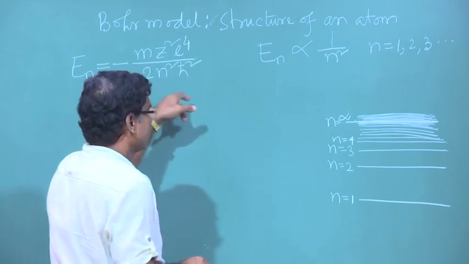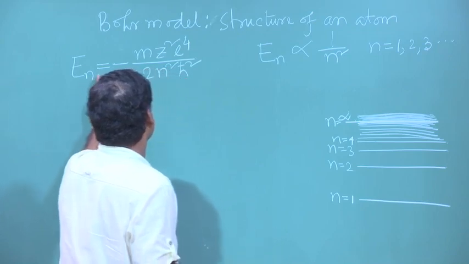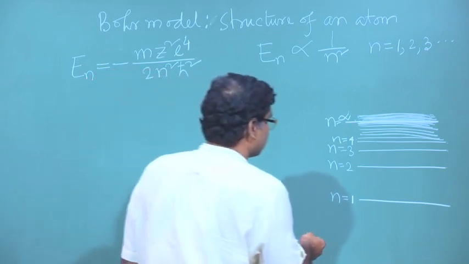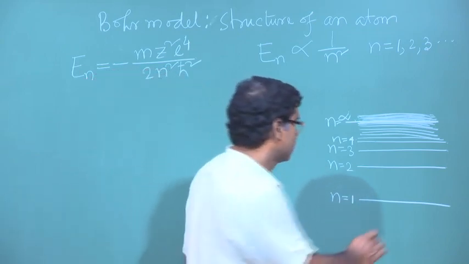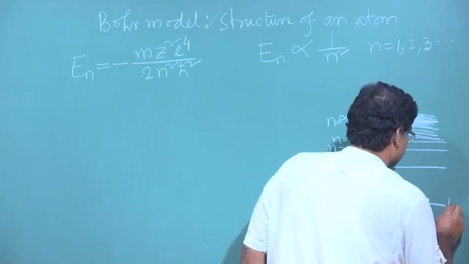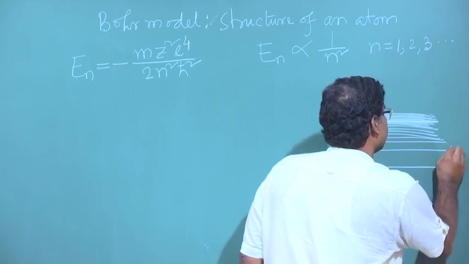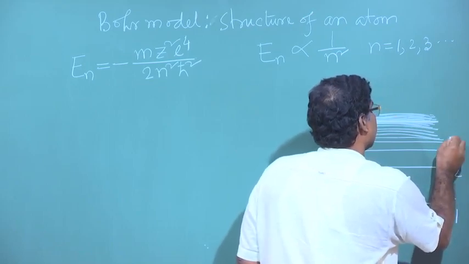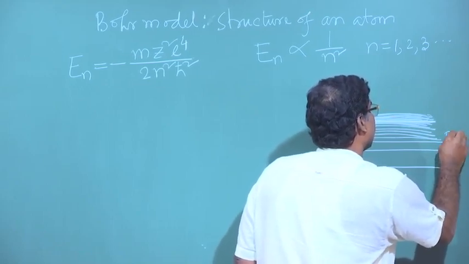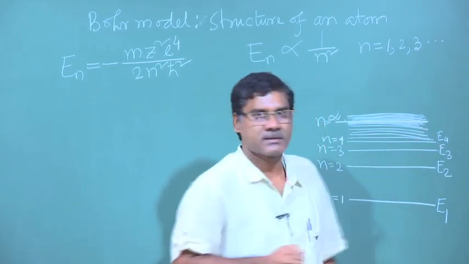So, from here one can find out the energies E1, E2, E3, E4, like this.